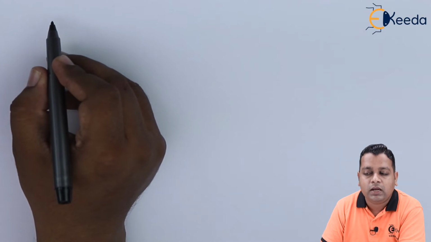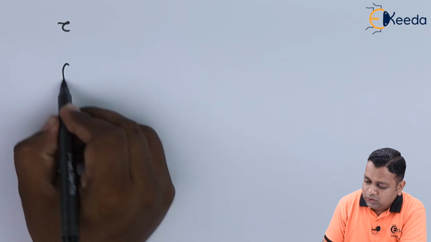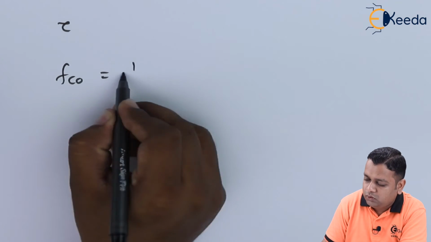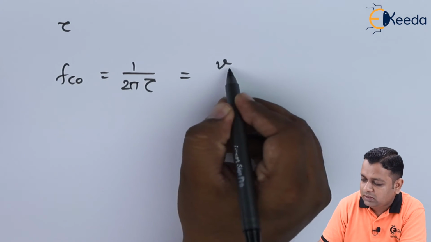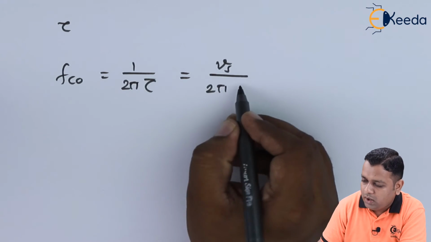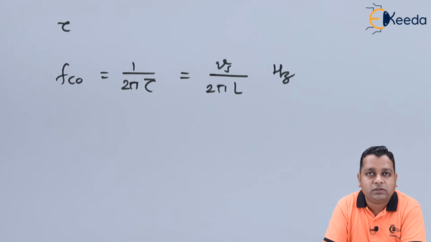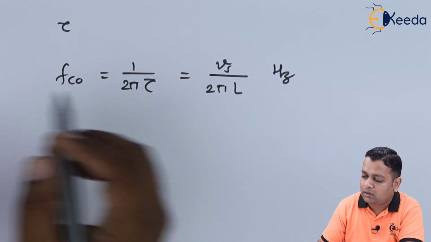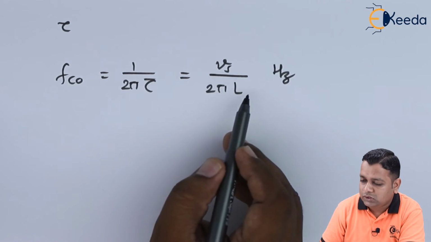Whatever maximum oscillation frequency we have discussed so far is similar to the cutoff frequency, which is determined by the transit time that we generally denote by the letter tau. So the cutoff frequency f_CO is equal to 1 upon 2 pi tau, or we can also express it as V_s divided by 2 pi into capital L. This is in hertz, because tau is the time taken by the charge carrier to travel this length, accounted in terms of the velocity and the length.